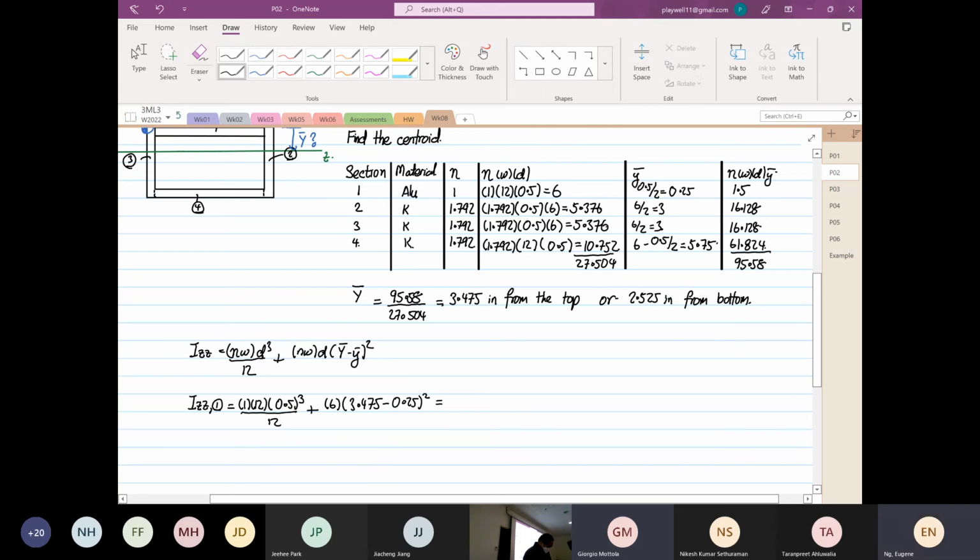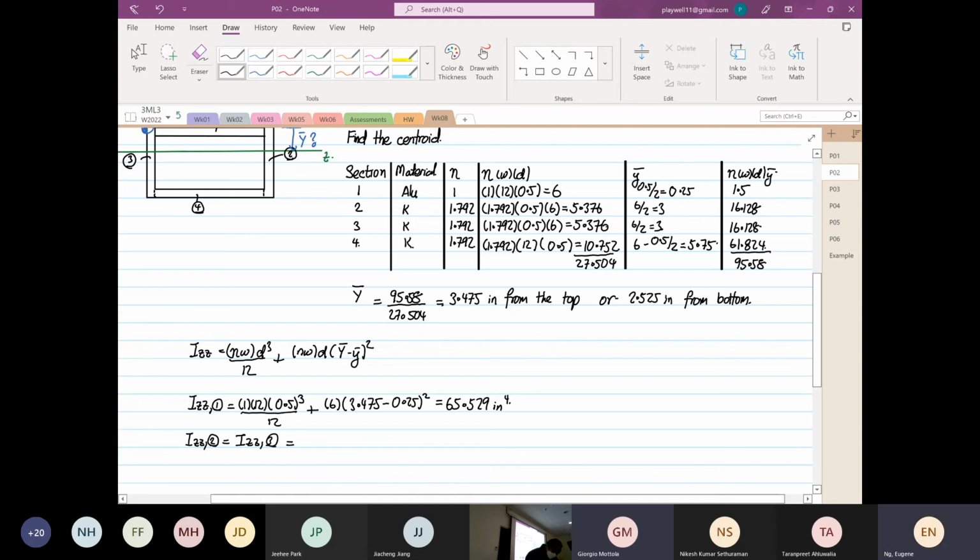1 times 12 times 0.5 to the power of 3 divided by 12 plus 6 times (3.475 minus 0.25) squared, is equal to 62.529 inches to the power of 4. Okay. Then we do IZZ2, which is equal to IZZ3.